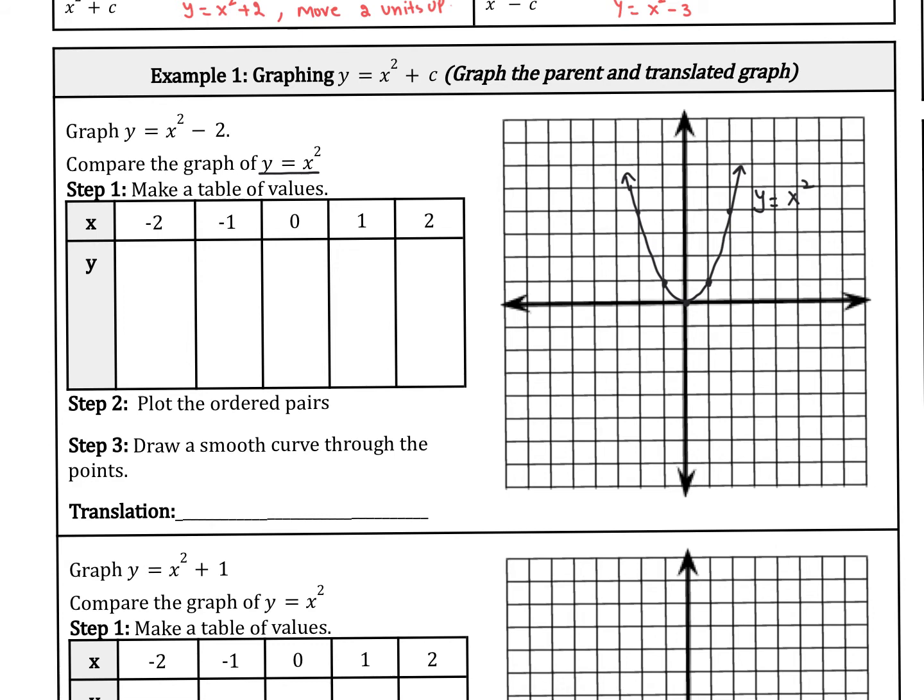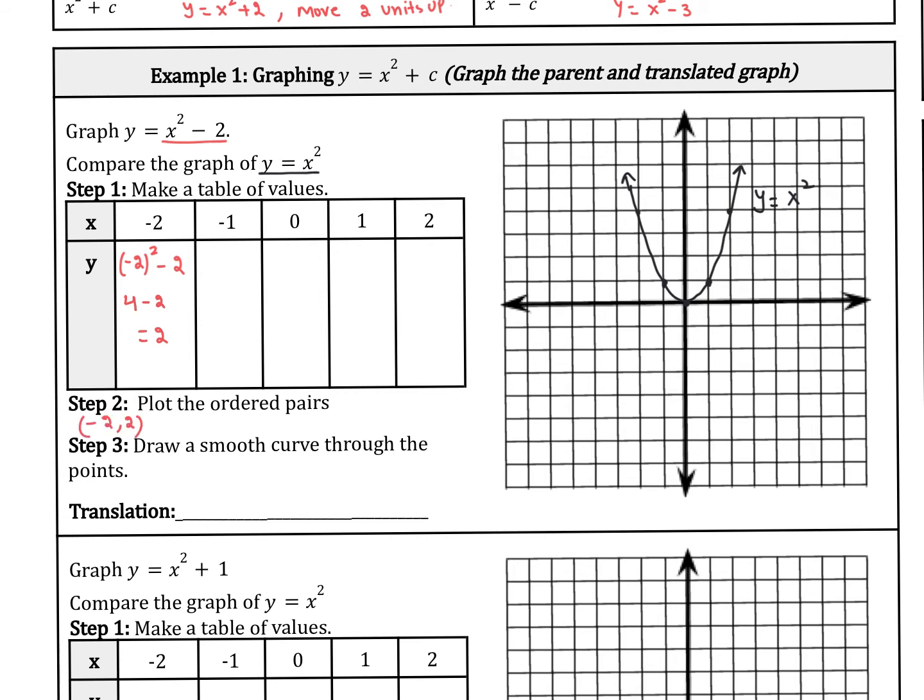Now we are going to find the points for this graph. I plug in x as negative 2, and what you get here is 4 minus 2, and that is 2. So my first point is negative 2 comma 2.